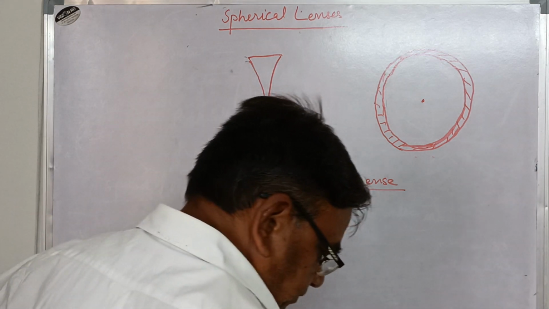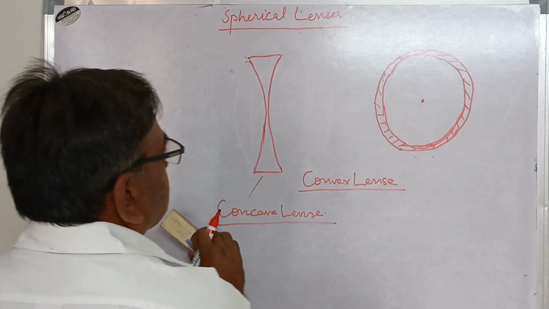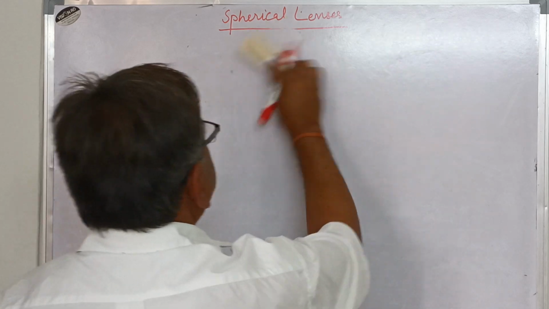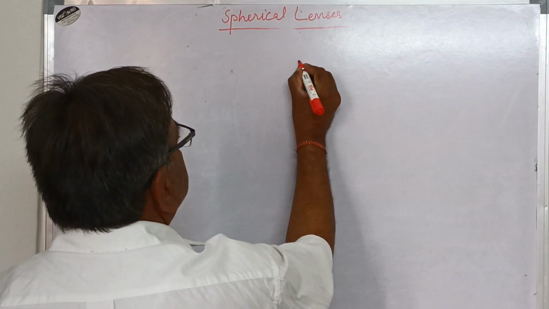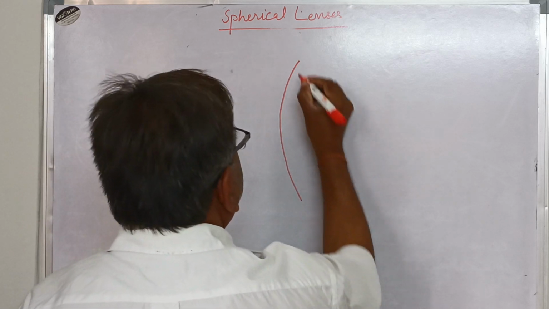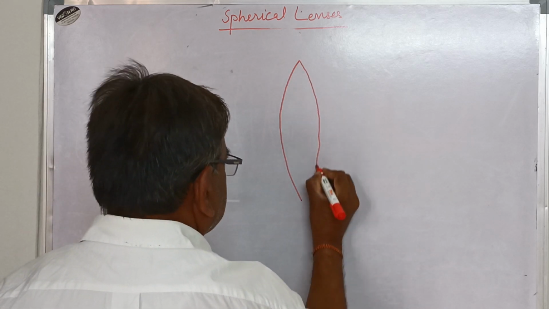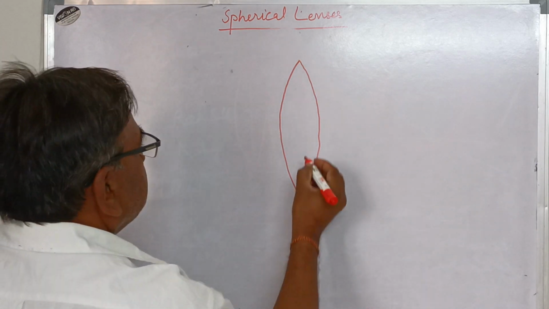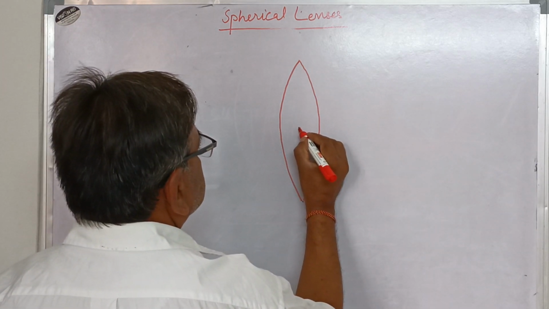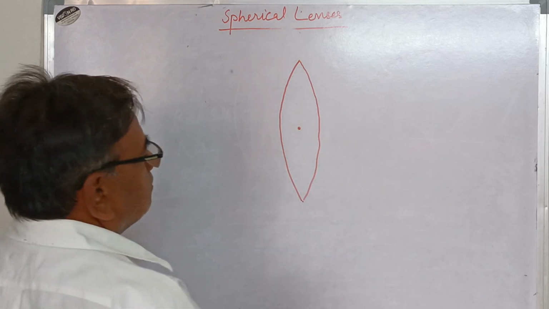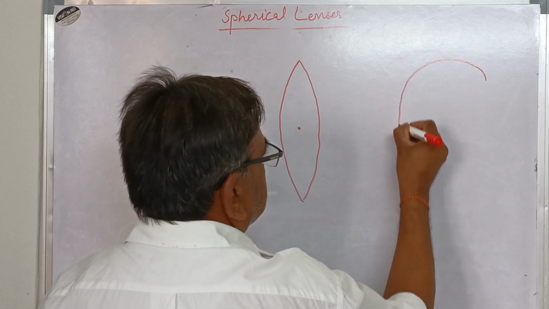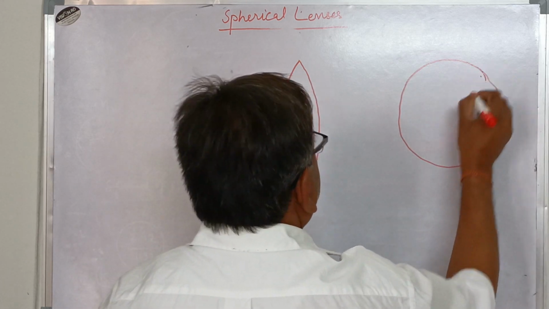Now we will see some terms related to lens. Let it be a convex lens. So the middle point of the lens, for example, here I have drawn a disc.